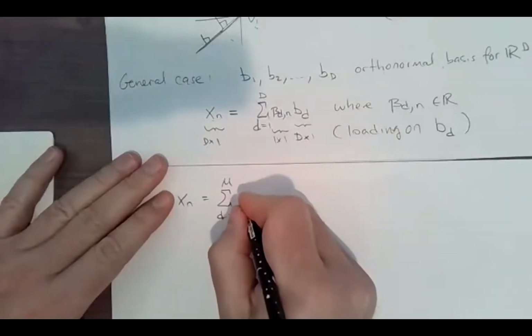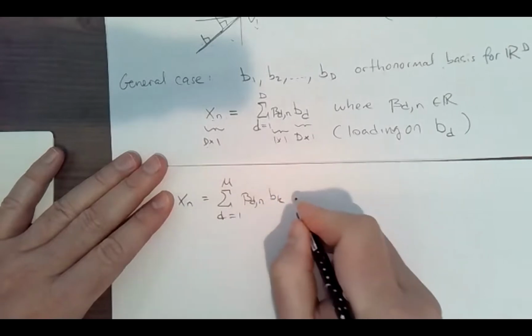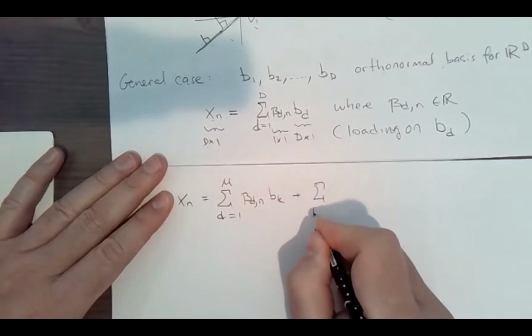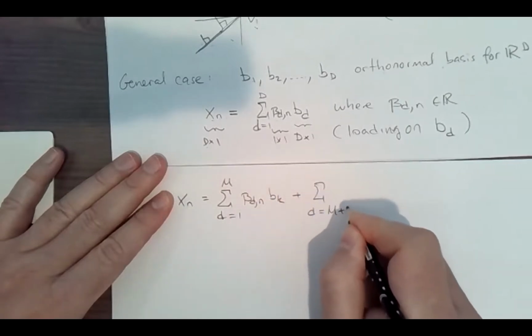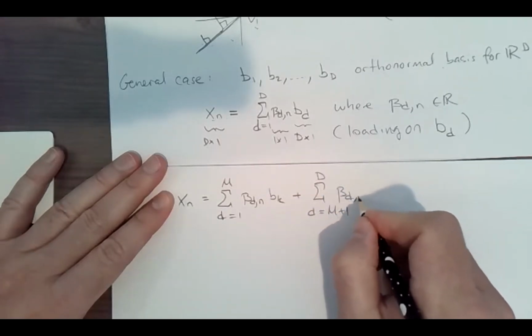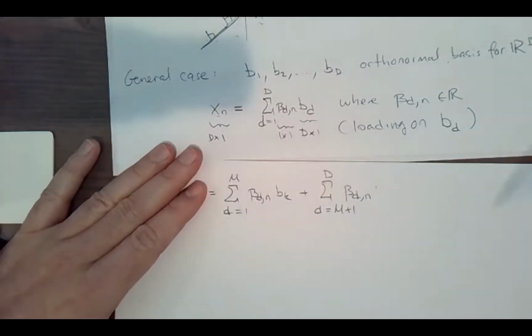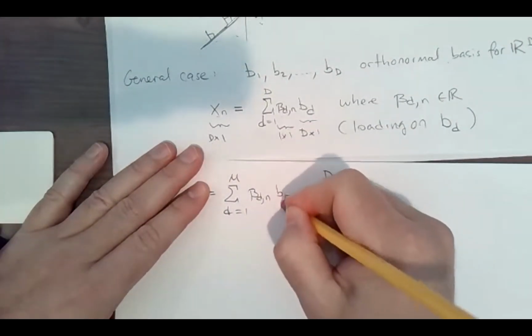Let me sum up to m here of my loadings times the vector, and then of course the remaining part. There should be a d here.